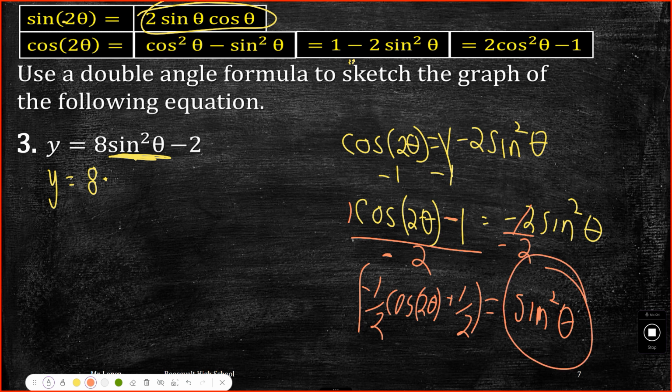So sine squared theta equals negative 1/2 cosine 2 theta plus 1/2. Close it, times negative 2.